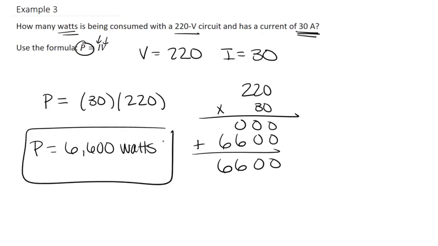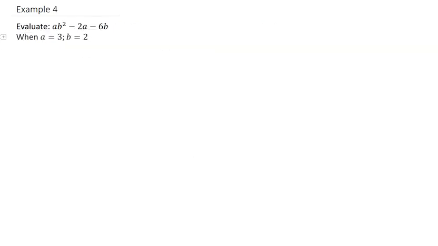And let's do one final example. Evaluate the following: a b squared minus 2a minus 6b, when a is equal to 3 and b is equal to 2. Let's substitute these values into our expression. We have a, which is 3, so we write 3.